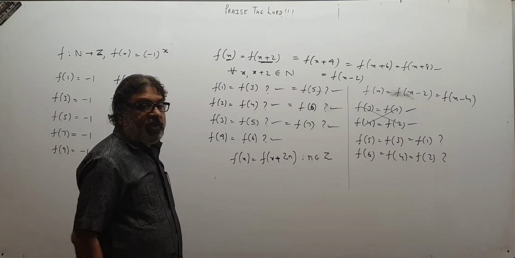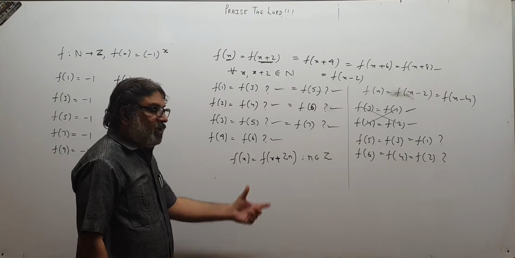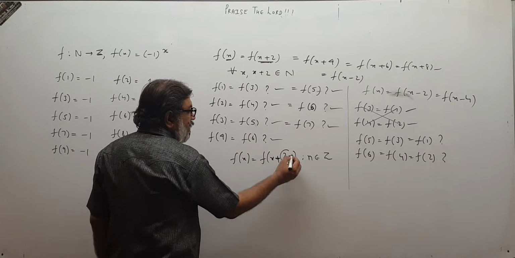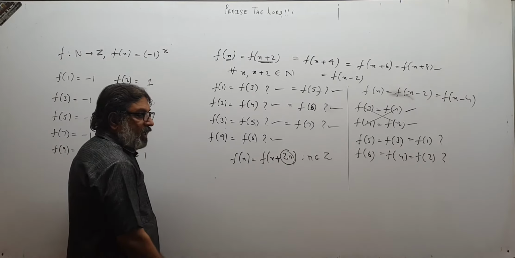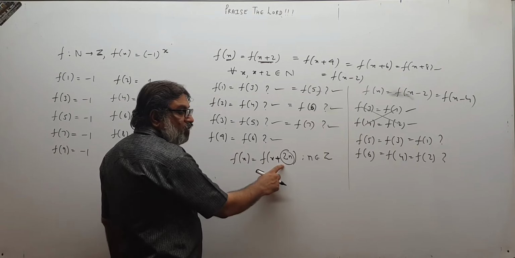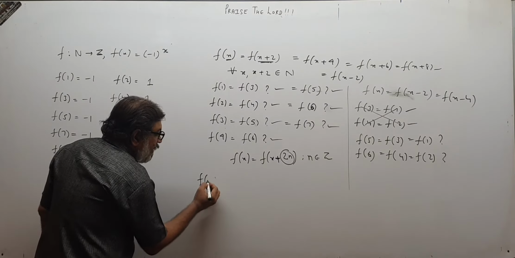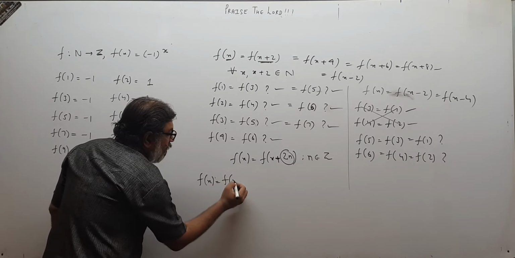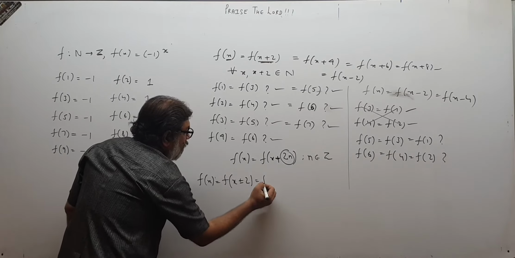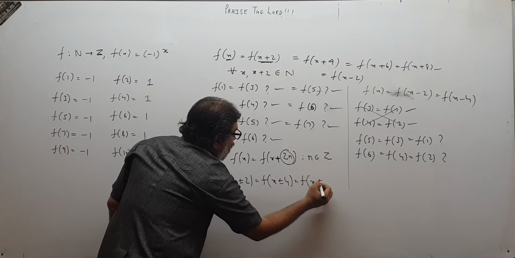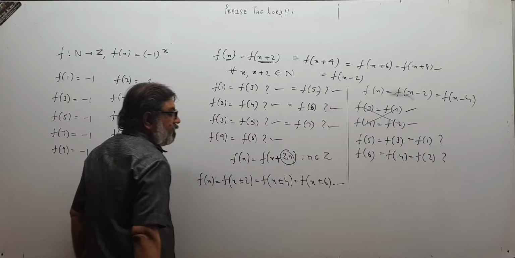If that is the property of this function, then this number 2, I think, f(x) can be f(x+2), f(x+4), f(x+6). I write again for you: f(x) equals f(x plus minus 2), f(x plus minus 4), f(x plus minus 6) and like that.